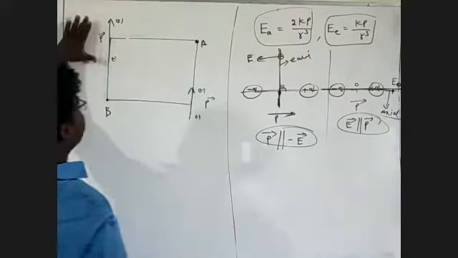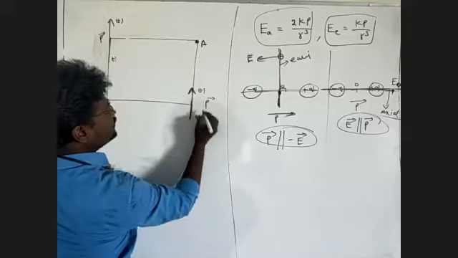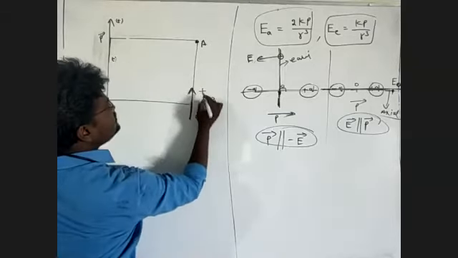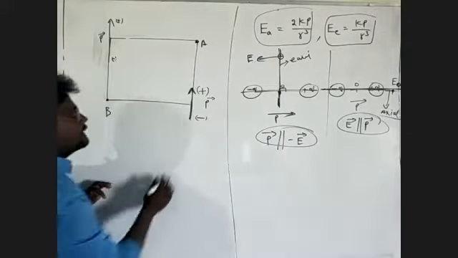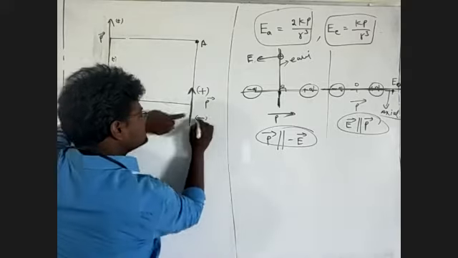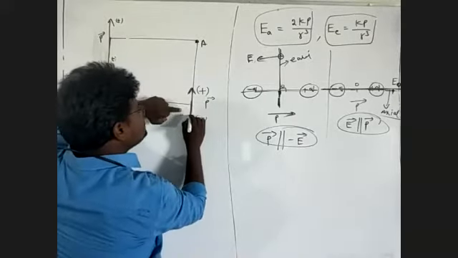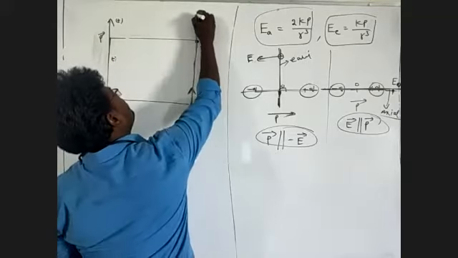Now you will see this is P bar. This is the negative charge and this is the positive charge. This straight line passes through the negative charge, the center of the dipole and the positive charge. What do we call this line?